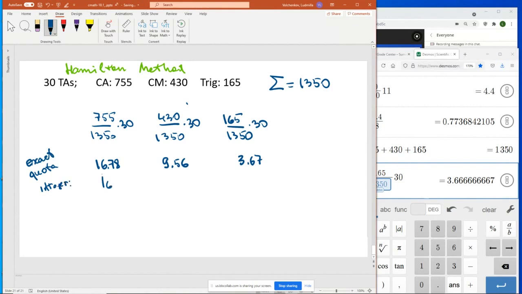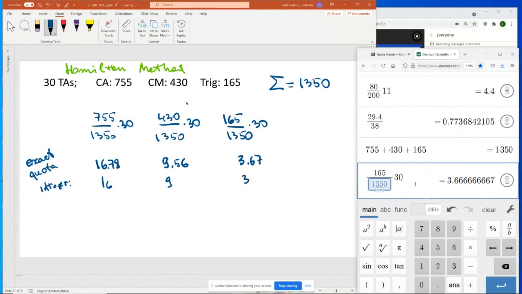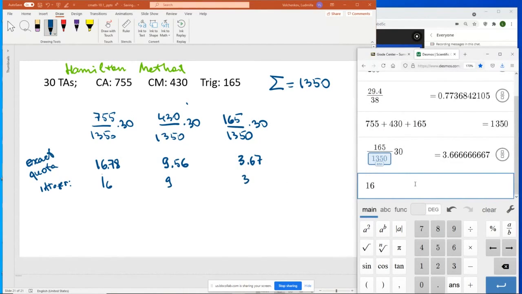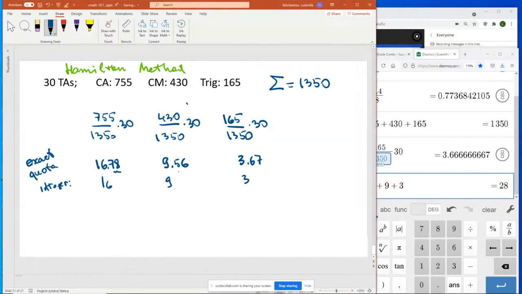Integer parts: 16, 9, and 3. 16 plus 9 plus 3 is 28. So we have two extras. Now we look at the fractional parts: 78, 56, 67.